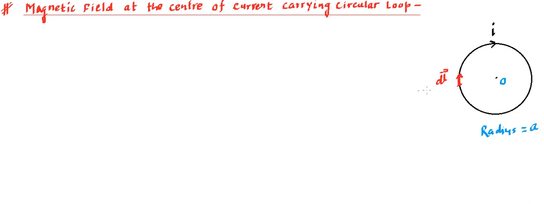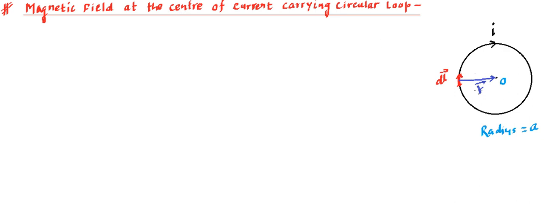Now what we are going to do is join this dl with the point of interest, like this. That's going to be the r vector. This r vector is basically the position of the point where we are interested in finding the magnetic field because of the current element, and we are interested at the center point, hence we are joining it to the center.